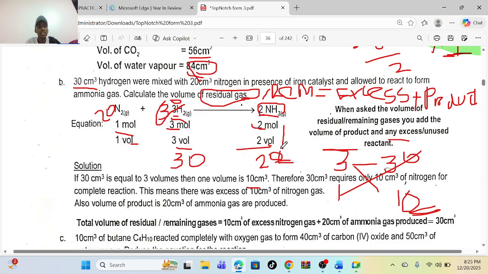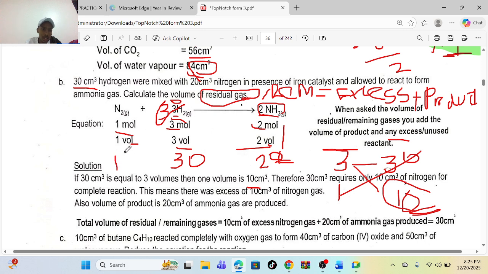So nini imebaki? Sasa hii nitrogen ndio imebaki. Kama hatungepewa hii 20 ya nitrogen, ingekuwa aje? Tumesema 1 mole is equals to 10, si ndivyo? So na hii nitrogen iko na 1. So 1 is equals to 10.